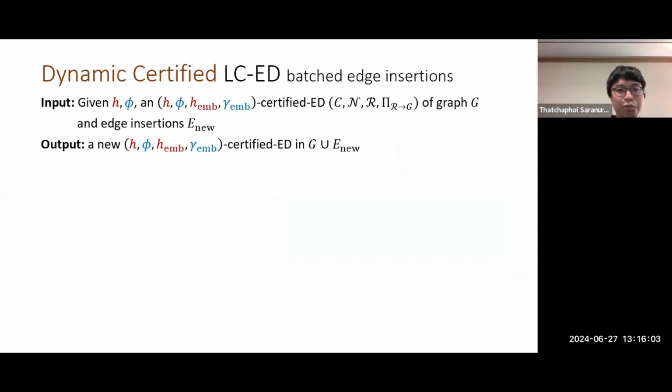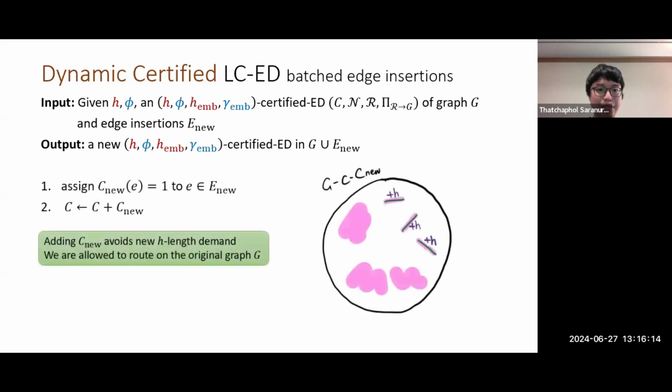Now let's describe the update algorithm. Let's just see the easy case first. Edge insertion is easy to handle, because we just need to assign length increase edges to all the new edges.